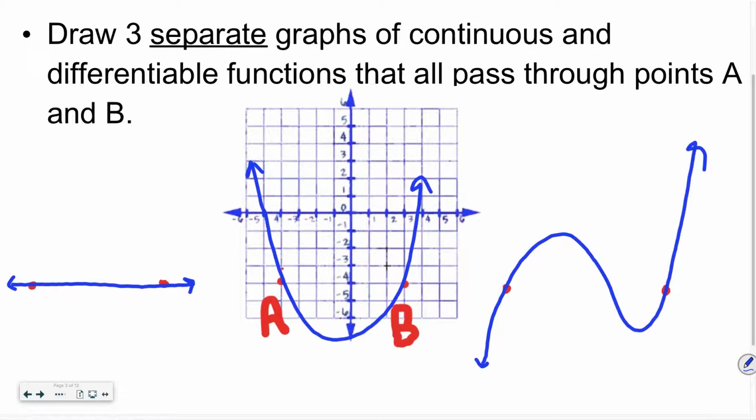Each and every one of these graphs, and the others that you drew on your paper, have one thing in common, besides passing through those points. Obviously they have these things in common, but they have one more thing.